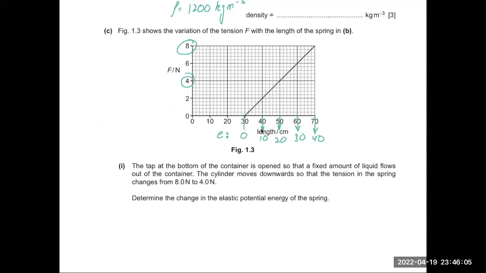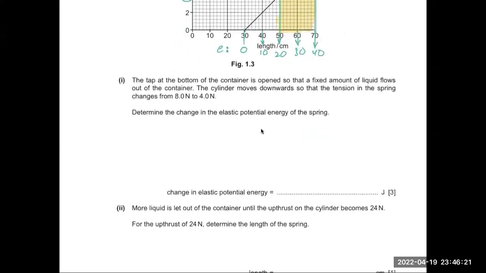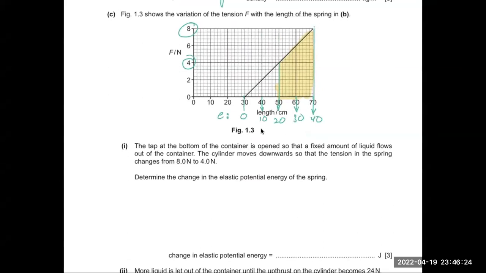And it's not a triangle. What I need to do is, this here is the area from 8 to 4. Let's shade this area. You can find out the area under the graph. Make sure you convert centimeters into meters.